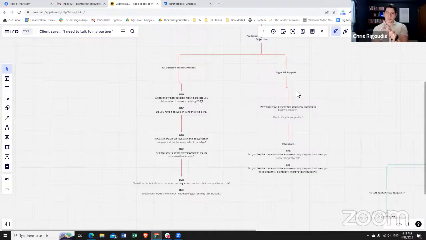Now, let me go through the science of support chain, and I'll talk about what might come up when we're going through this process, right? So science of support, it's exactly what I went through with Andrew, but essentially I want to ask them, how does your partner feel about you wanting to fix X and Y and Z problem? Again, I'm not going to talk about programs, solutions, or anything.